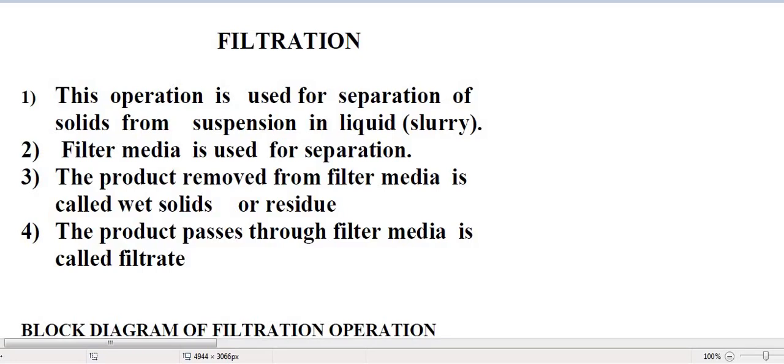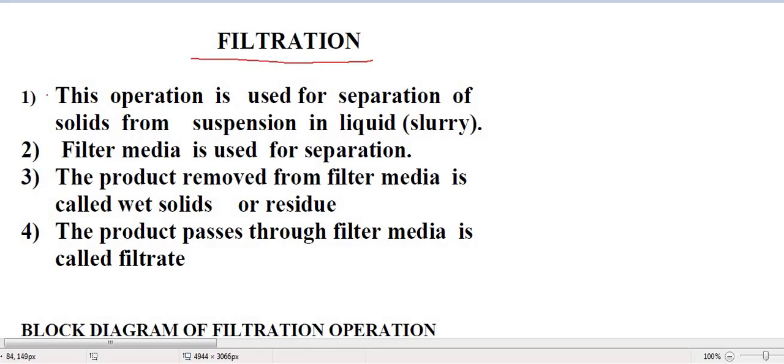In this video, we are going to study what is filtration operation and how this filtration operation is useful in sugar industry. Okay. So first, what is filtration? So today's topic, filtration. So what is filtration?